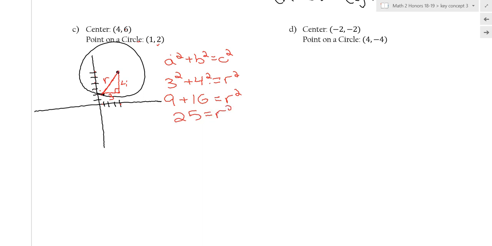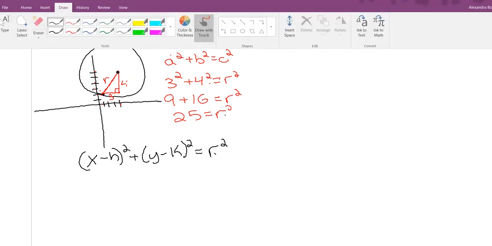I could solve for r, but I don't have to, because my equation is x minus h squared plus y minus k squared equals r squared. Well, if I just have r squared, then I don't have to do anything. I'm done, right? So you could solve for r, you take the square root. And then when you substitute that square root in, you squared it, and you just get right back to 25.